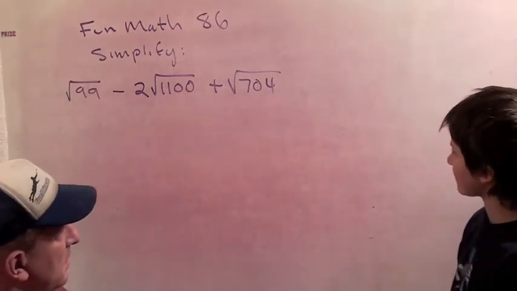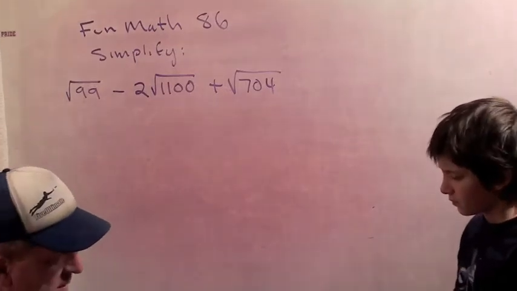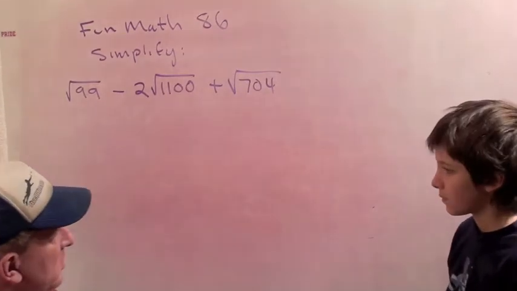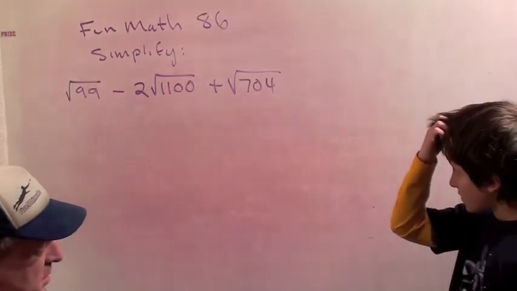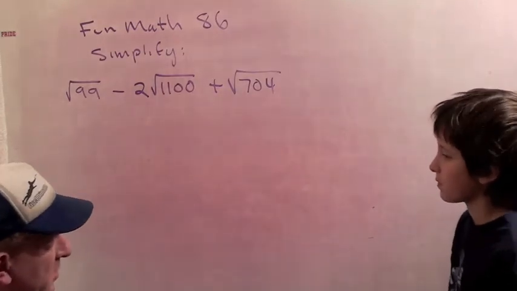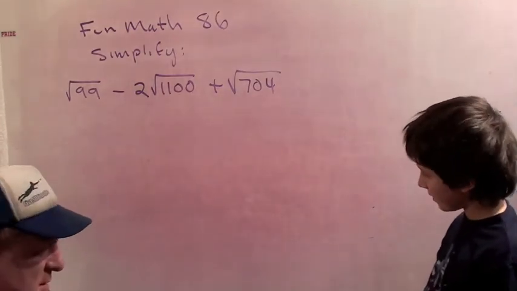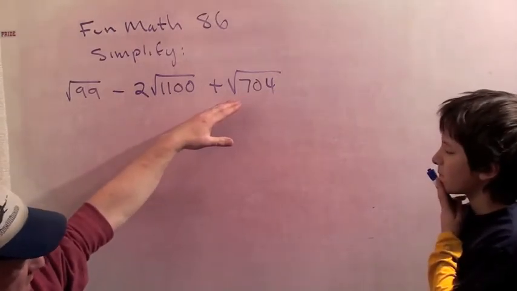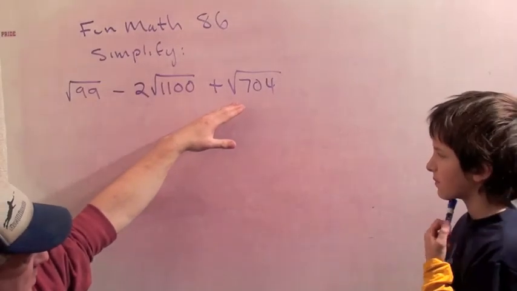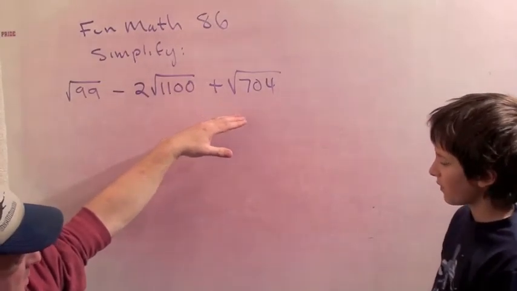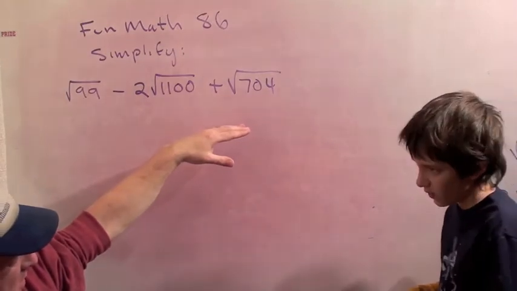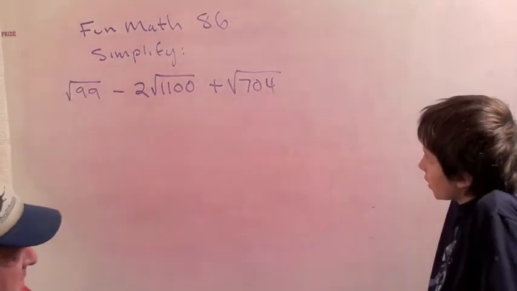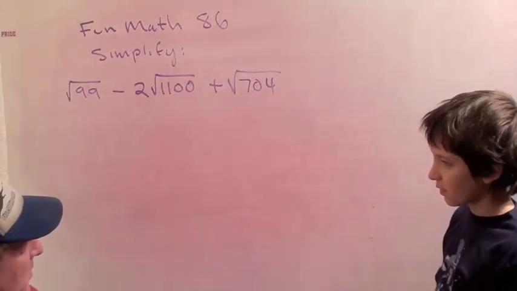You know any squares close to 704? 729 is 9 cubed. 30 squared is 900, so it's not super close to 900 either. 25 squared is 625, so this is closer to 25 squared than to 30 squared. We could say it's 26.